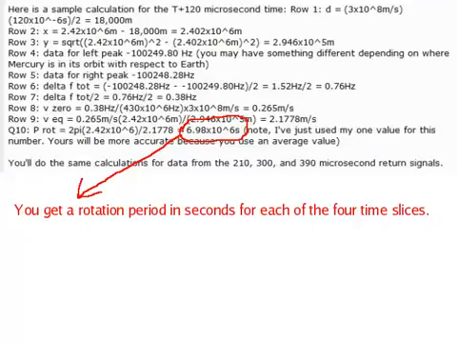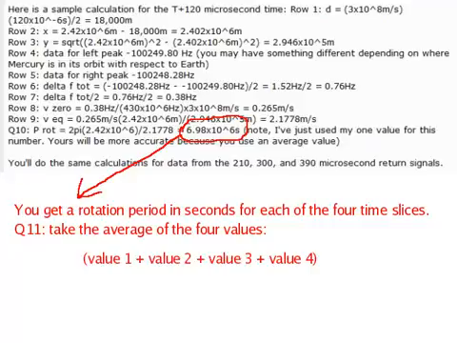So you should get 4 different values, something times 10 to the 6 seconds. Then you take the average by adding them all up: value 1 plus value 2 plus value 3 plus value 4, and then divide by 4 because you had 4 different values.